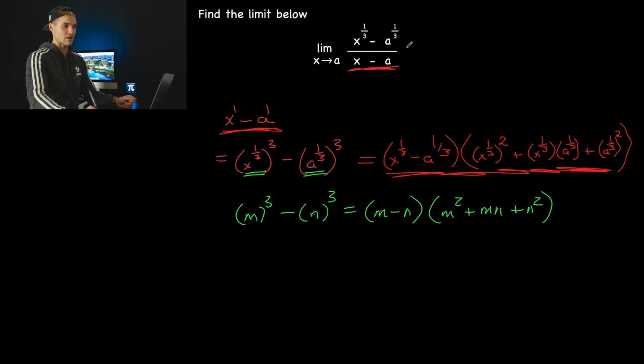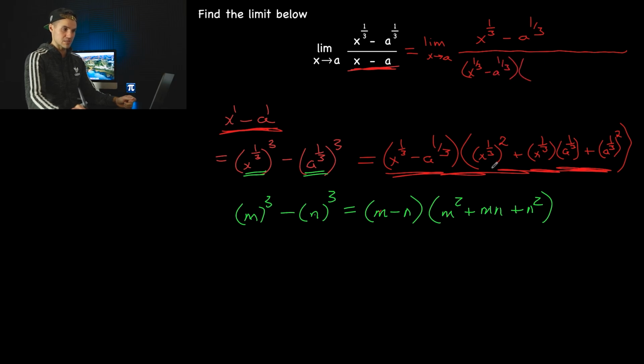And so we can now rewrite our limit as the limit as x approaches a of, keeping the numerator the same, x to the power 1/3 minus a to the power 1/3, all over basically this entire expression. So that first bracket, x to the power 1/3 minus a to the power 1/3. And then I'm going to simplify this.